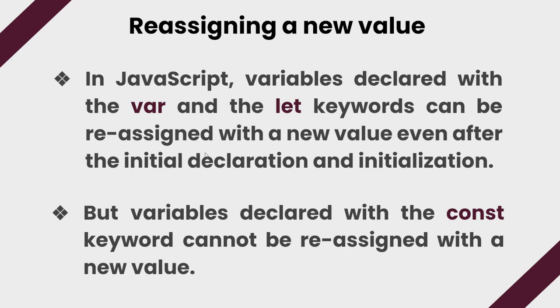But here we can see that variables declared with the const keyword cannot be reassigned with a new value. That was why I said in the definition of the const keyword that it is used for declaring variables with constant values. So the values cannot change. The moment you've declared it like that, that's how it's going to be forever in your program.